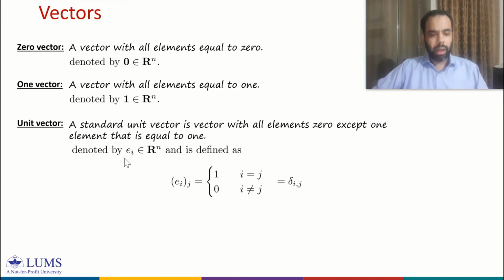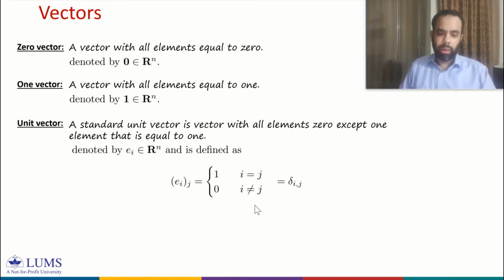For ei, the ith element is 1 and all other elements are 0. Mathematically it is defined using this piecewise function: the jth entry of the ei vector is equal to 1 when i is equal to j and 0 when i is not equal to j.